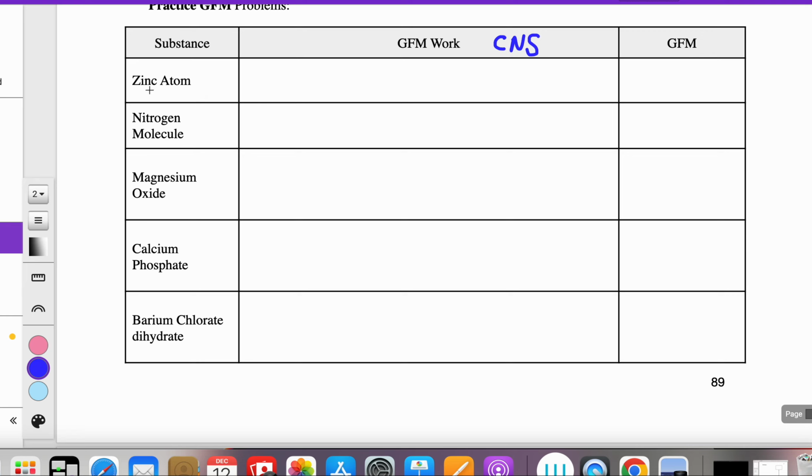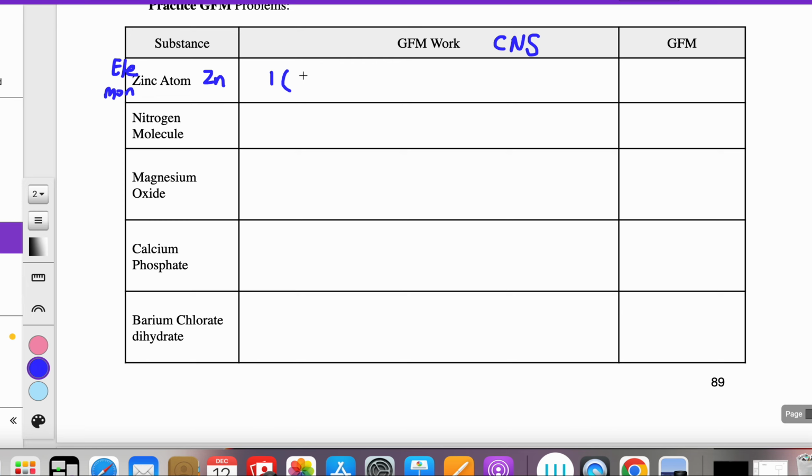So our substance is zinc. Zinc represents an individual element, and it is not one of the special 7, so it's monatomic. So the chemical formula is simply Zn. In this chemical formula, I have 1 zinc, which would be its subscript, and I multiply it by its mass rounded to the tenths.